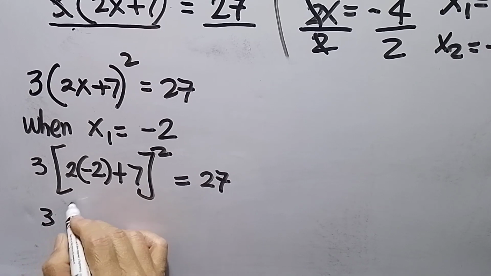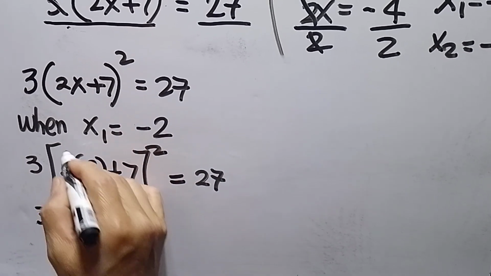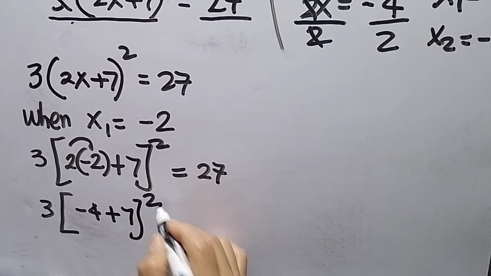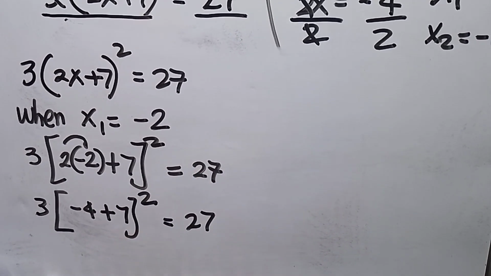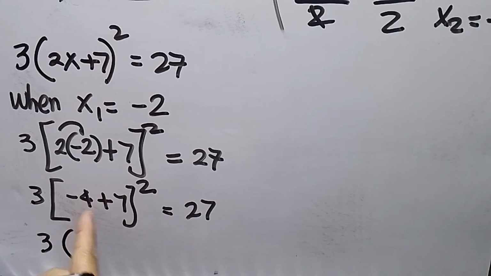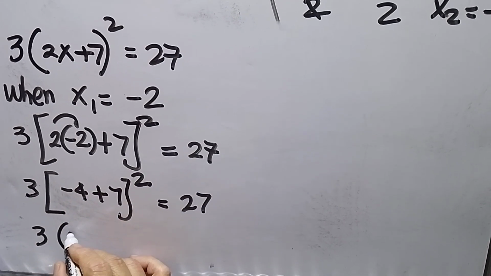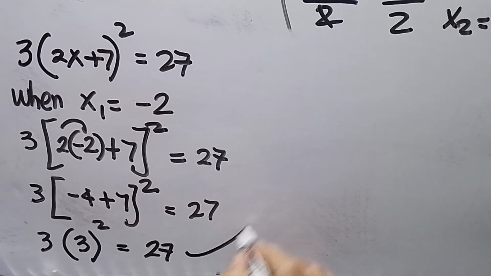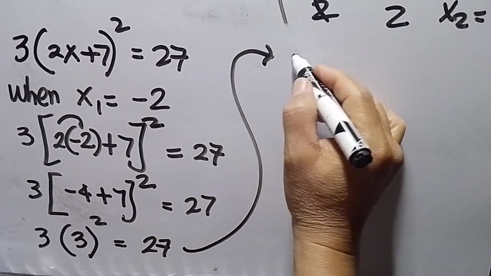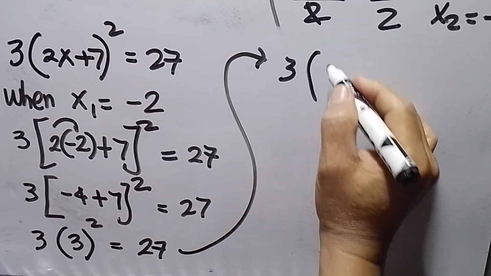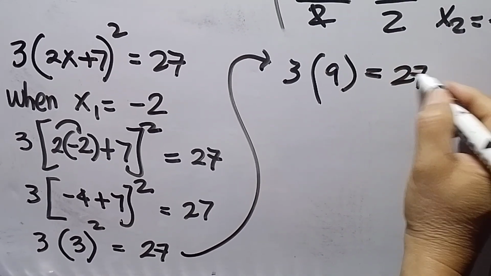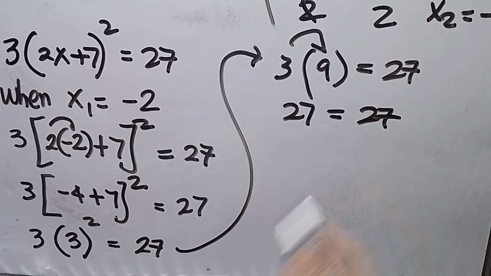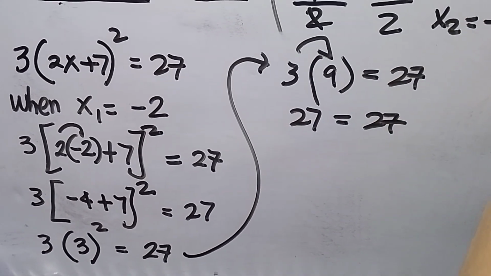So this will be 3 square brackets, negative 4 plus 7 squared is equals to 27. So 3 squared is equals to 27. So 3, what is 3 squared? That is 9, is equals to 27. So multiply, 27 is equal to 27. So this one is correct.